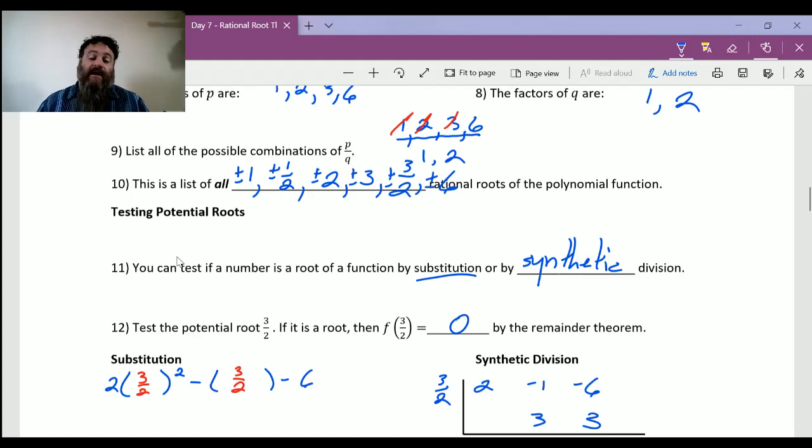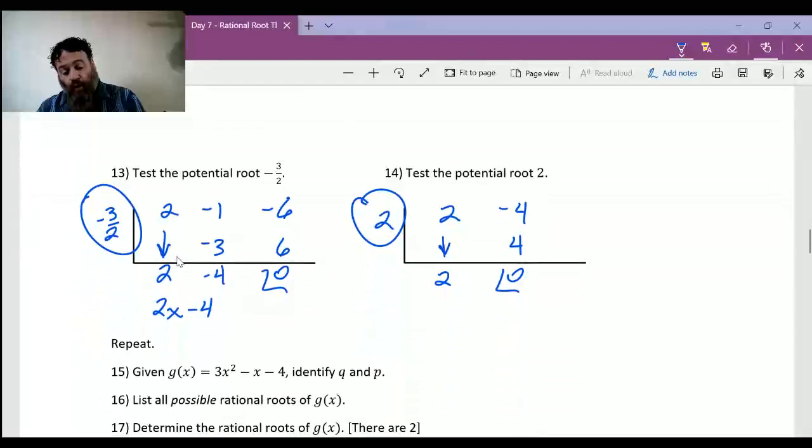It's the way it is. You probably would have started with positive 1 and negative 1. Neither one of them would have worked. At that point, maybe you went into the 1 halves or the 2s. It's entirely possible that you go through pretty much the entire list before you find one that works, or you end up getting the right one right off the bat.